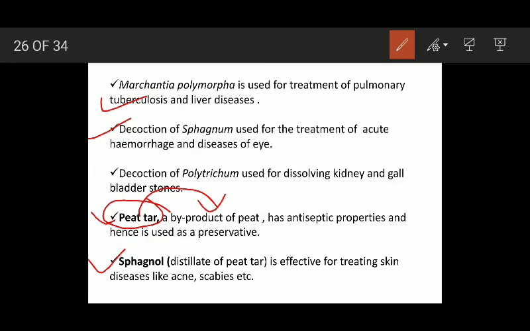Then sphagnol, which is a distillate of peat tar. It is produced after distillation of peat.